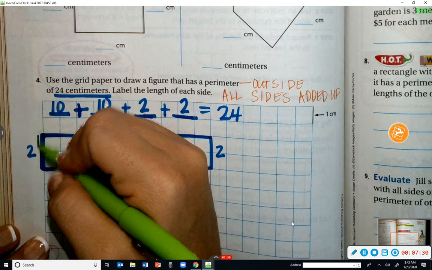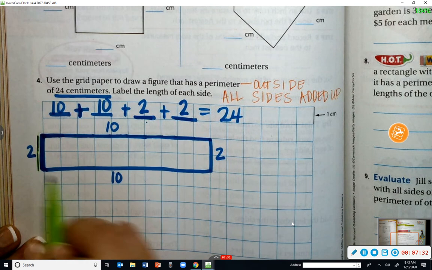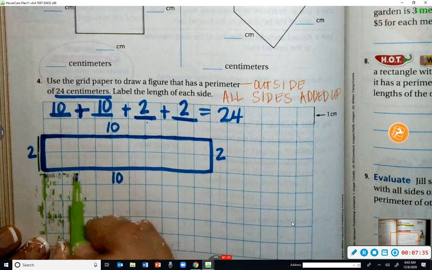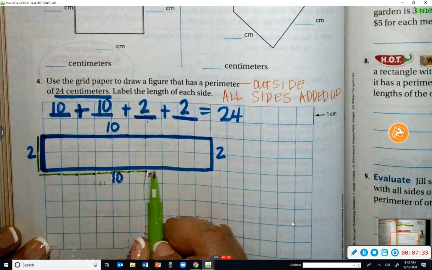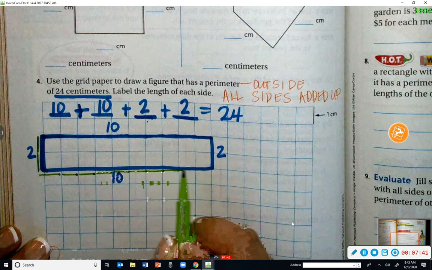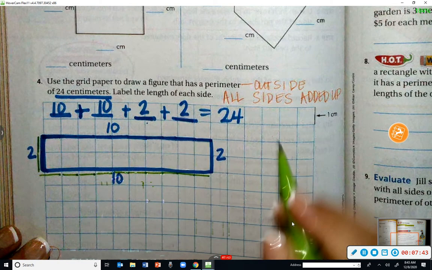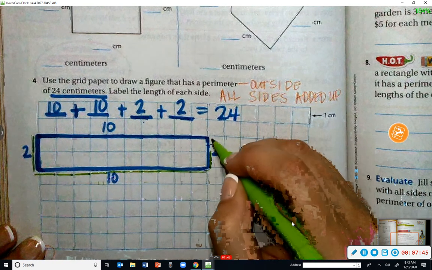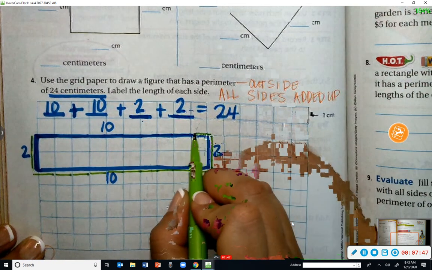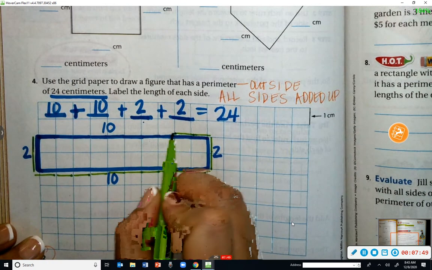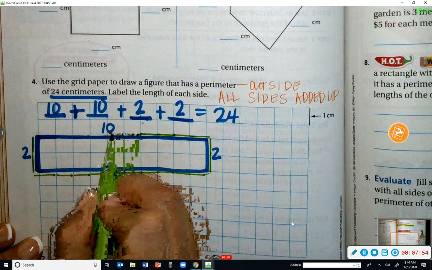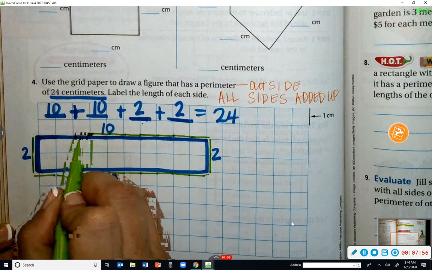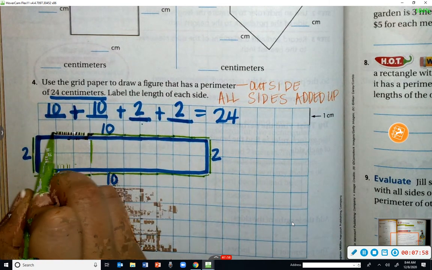But for perimeter, remember we go around the outside edges. So this is 1, 2, 3, 4, 5, 6, 7, 8, 9, 10, 11, 12, 13, 14, 15, 16, 17, 18, 19, 20, 21, 22, 23, 24.